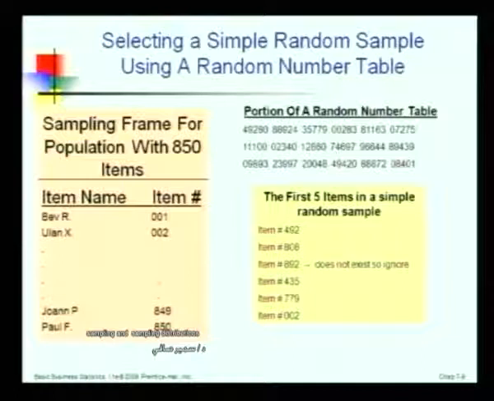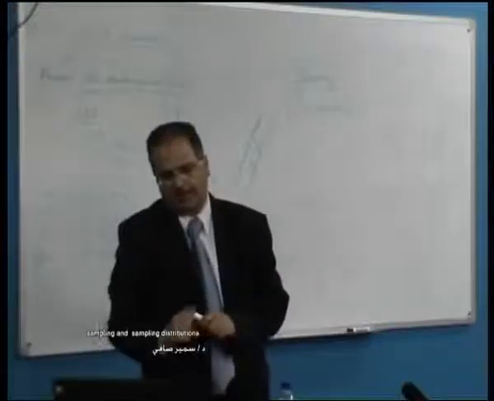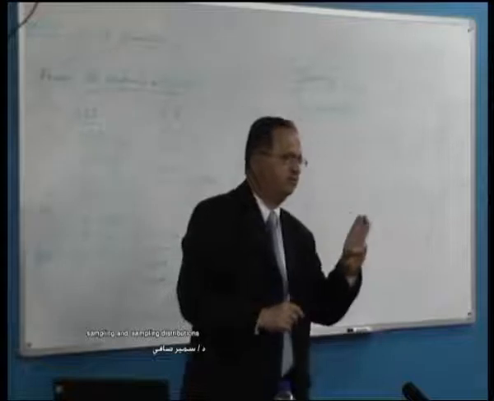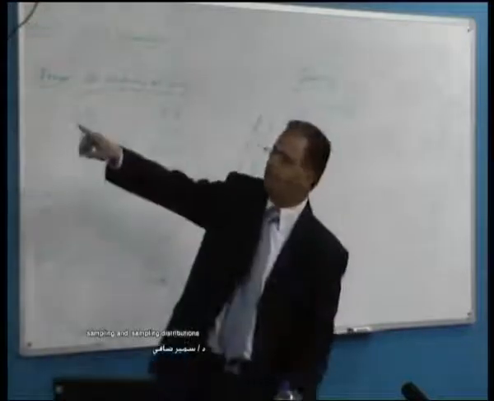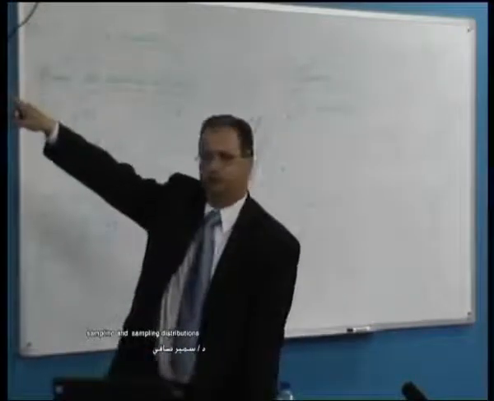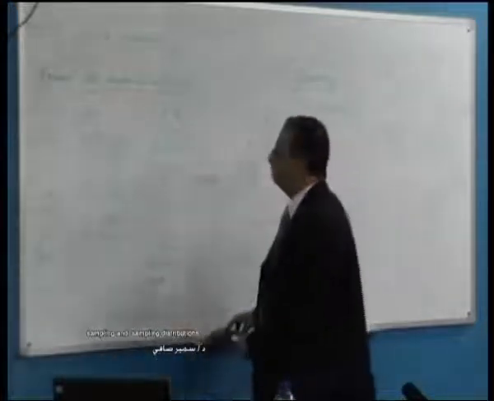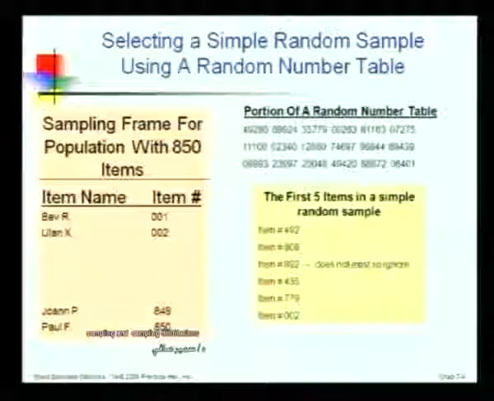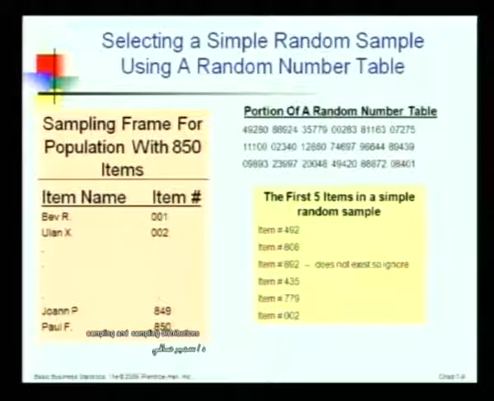So you have to choose 3 digits. Imagine that this is a portion of the random table. Take the first 3 digits, 492. So the first item chosen should be item number 492.